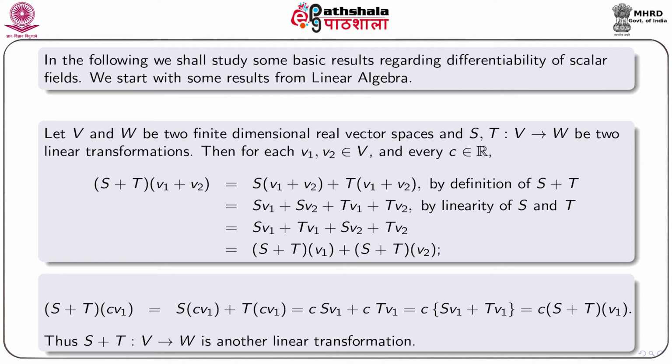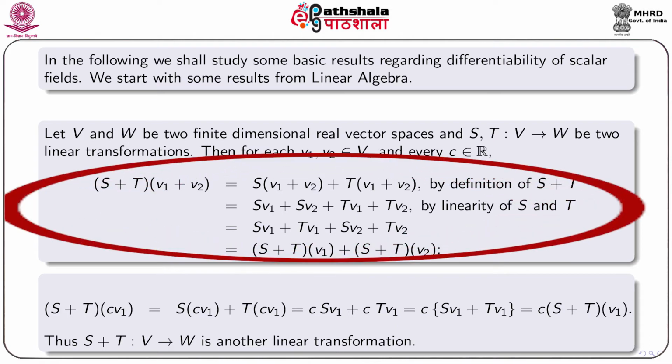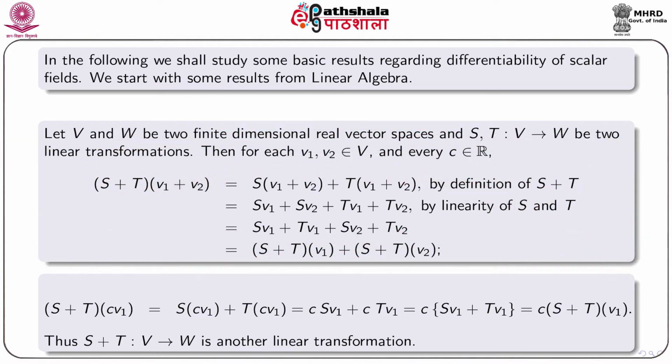We define a map S plus T from V to W by pointwise principle. Now, for each vector V1 and V2 in V and every real number C, we observe the following. S plus T operated on V1 plus V2 equals S of V1 plus V2 plus T of V1 plus V2.